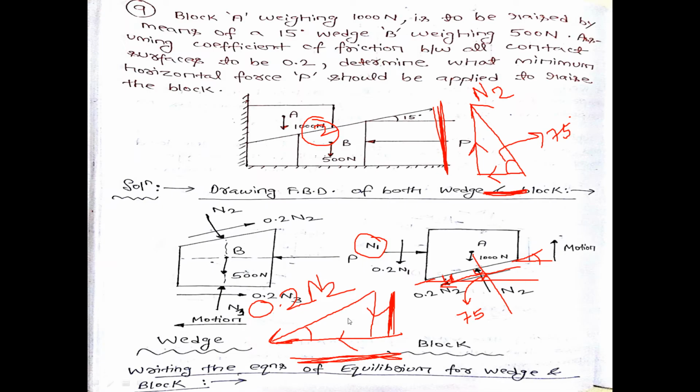Okay. Next, let us write summation Fy equal to 0. If I write summation of all the forces along y direction equal to 0, I can write minus 1000 minus 0.2 times N1 plus N2 sin 75 minus 0.2 times N2 sin 15.